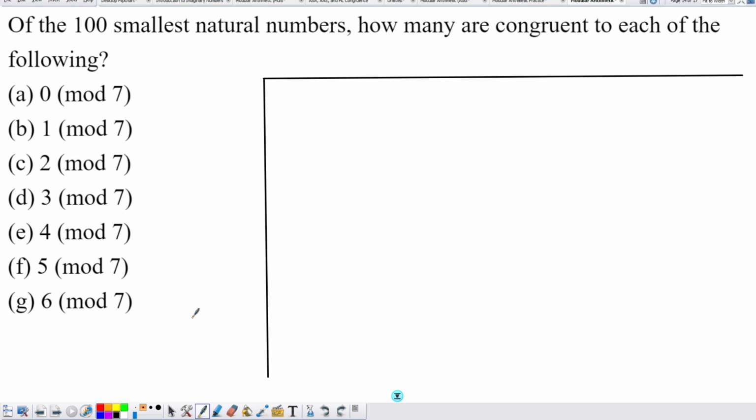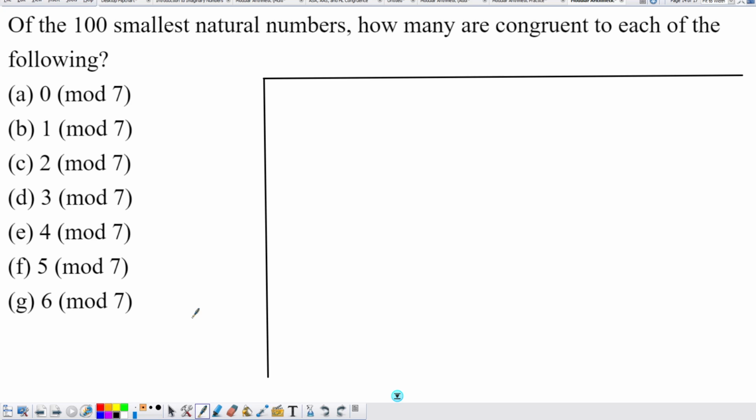All right. Now, in the previous problem, we observed how we can think of mod 4 in terms of the division algorithm, or in terms of multiples and remainders.